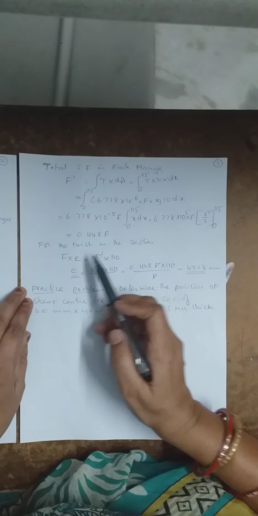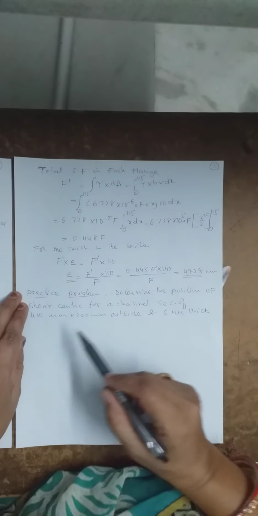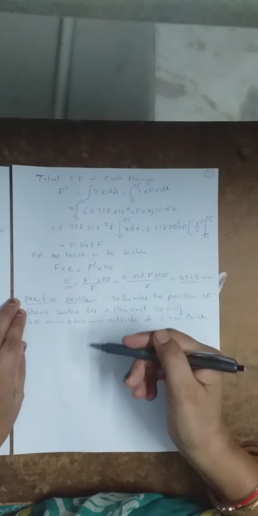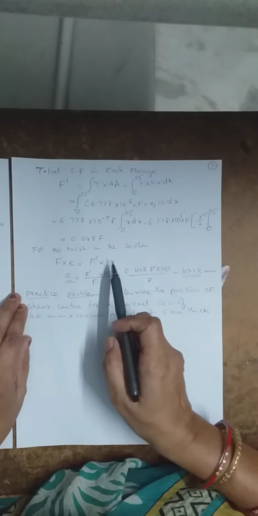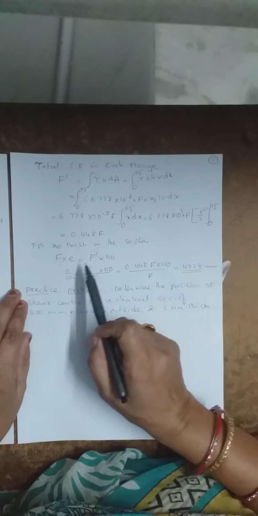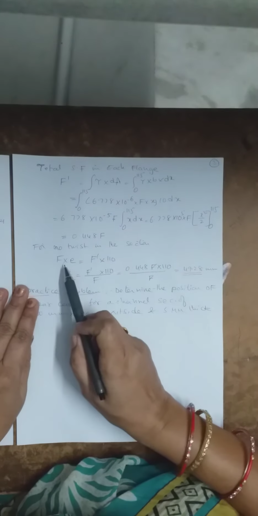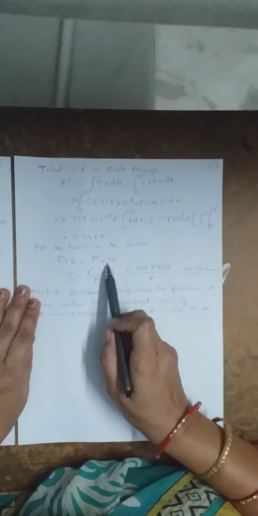For no twist in the section, if the shear center is on its symmetrical axis, there won't be any torsion or twist. On that condition, F into E is equal to F dash into 110.